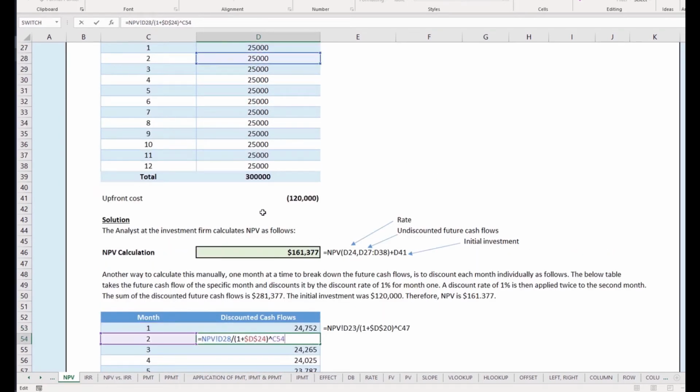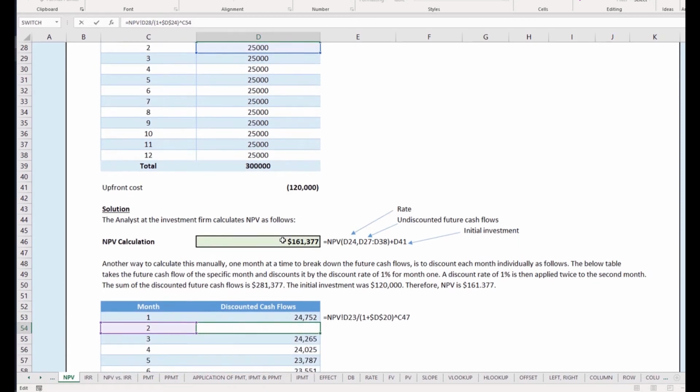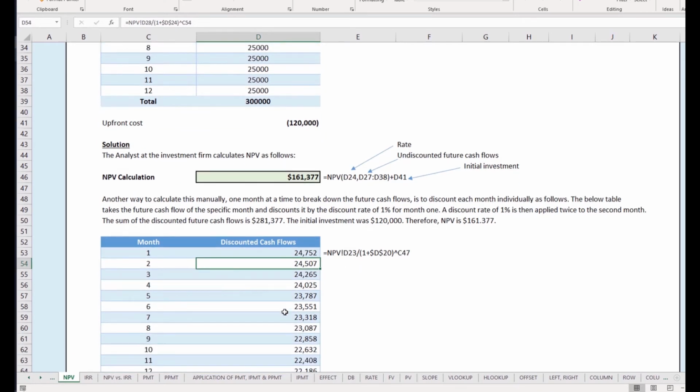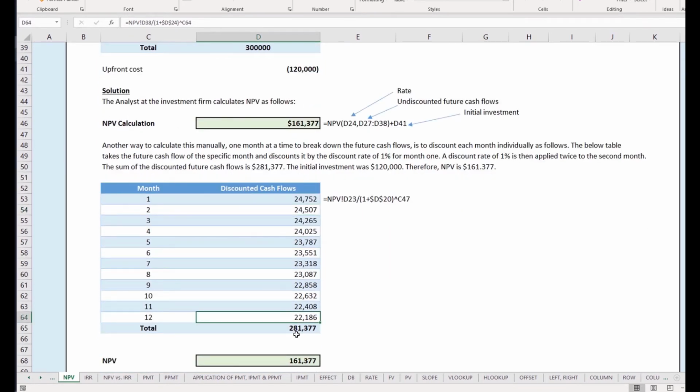Then in cell D54, we're calculating that very similarly, but instead of to the power of 1, we're putting that to the power of 2 because 2 months will have lapsed by the time we receive the cash flows for month 2. And if we do that, we can see that the sum of the discounted future cash flows in cell D65 is $281,377.